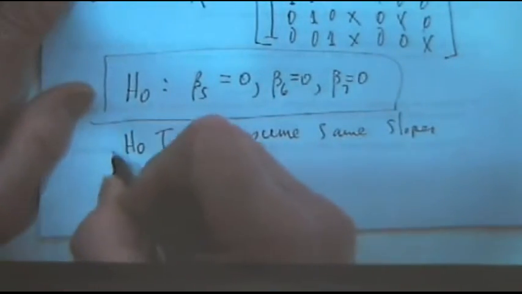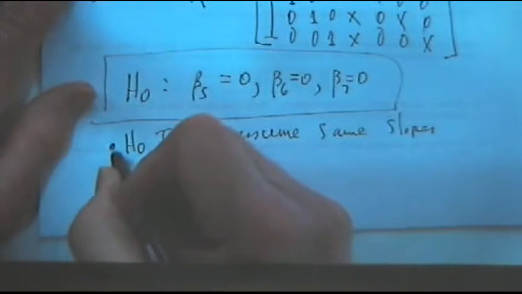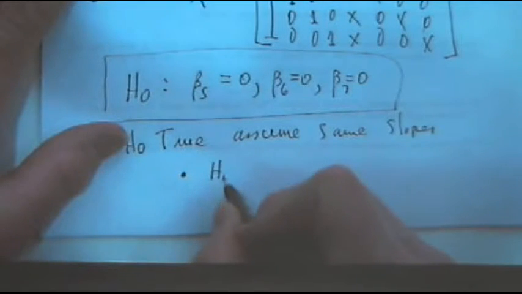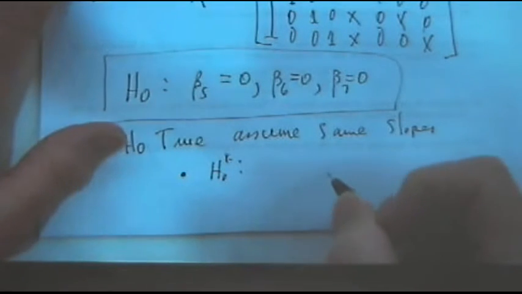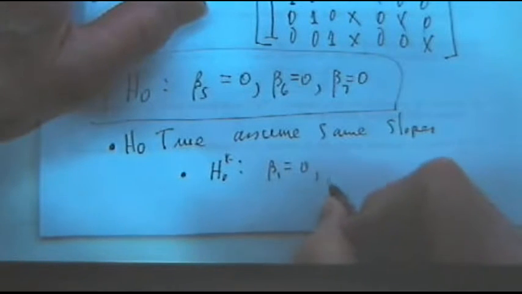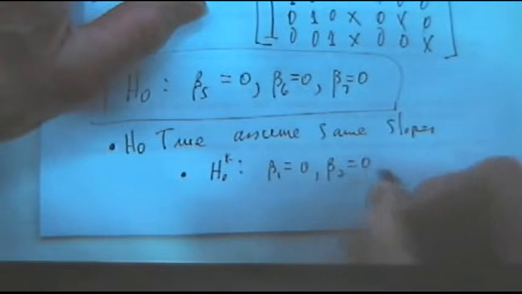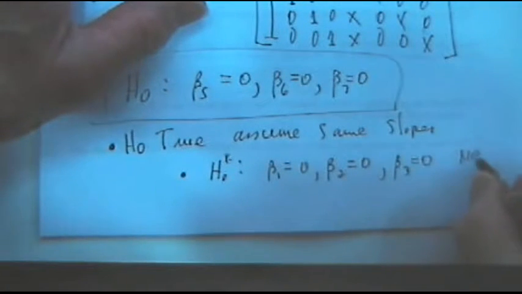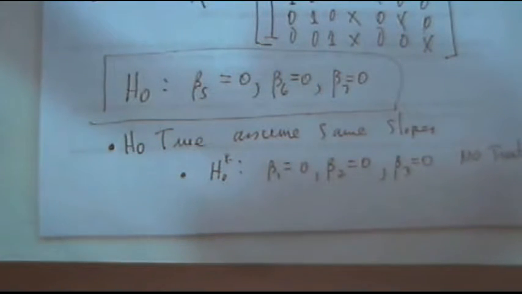So suppose we do this, suppose we go this direction. Then the next hypothesis, I put some labels in these, would be what? The effects are the same. There's no treatment effect. The treatments were no good, or they were all the same. So there's no treatment effect.